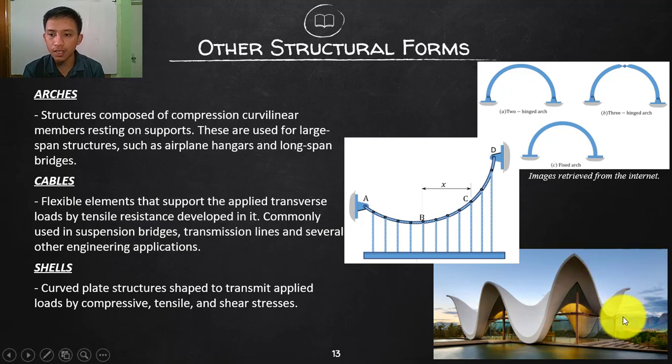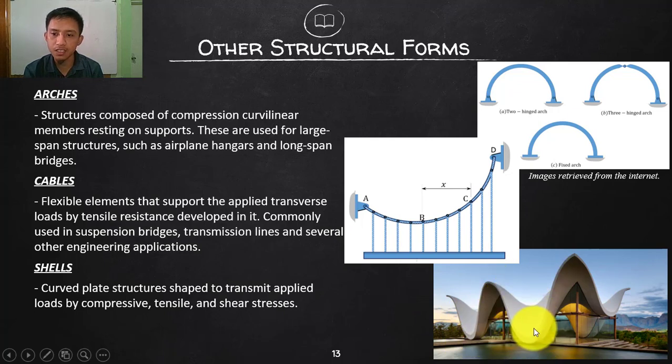Again, this is the modern design of architects to have good aesthetics on the structure, for them to provide curves. But at the same time, that is not just the function of the curves. The curves are to adjust for the type of loading.